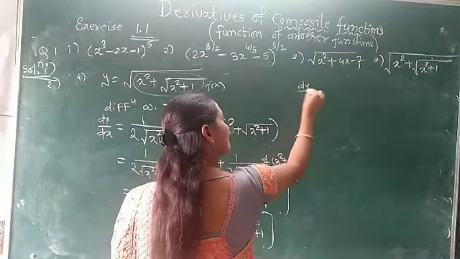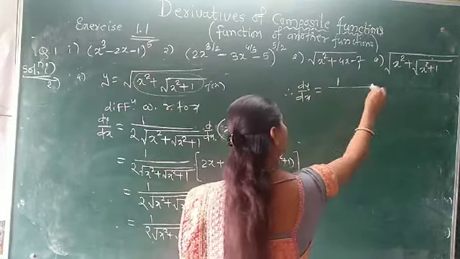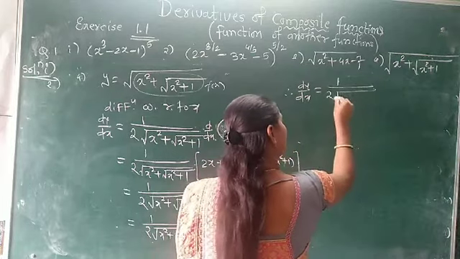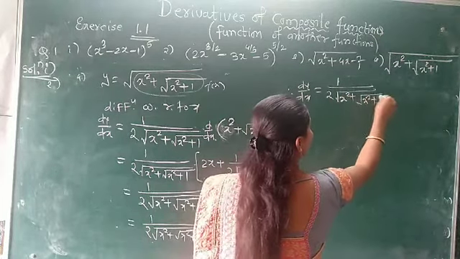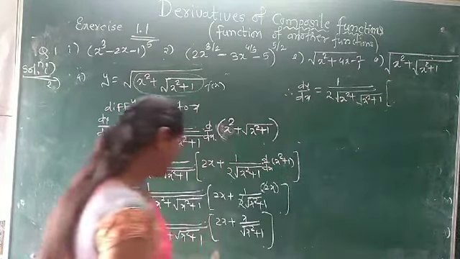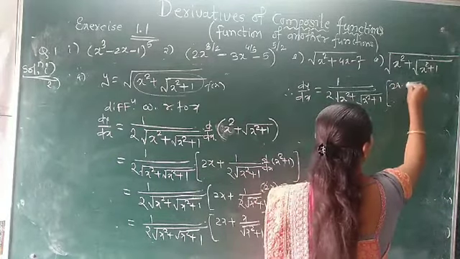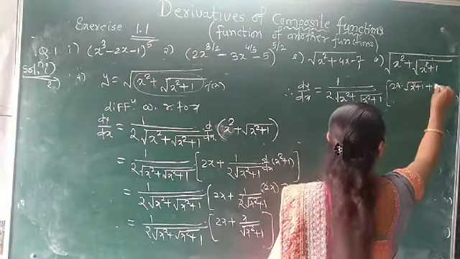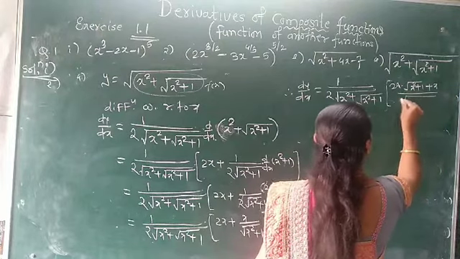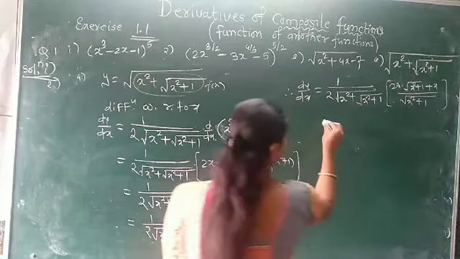That is dy upon dx is equal to, the first term keep as it is, x square plus 1. Now we have to simplify the term: 2x into root x square plus 1, that is 2x into root x square plus 1 plus x divided by root x square plus 1, which is as it is.